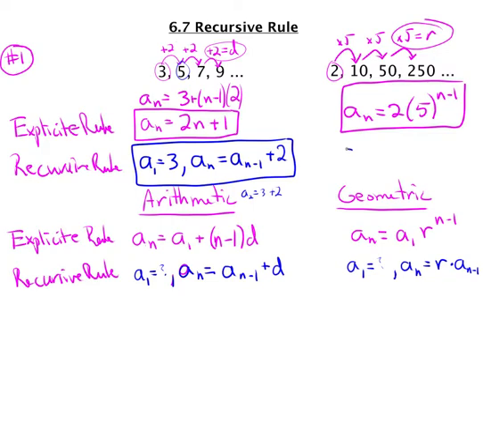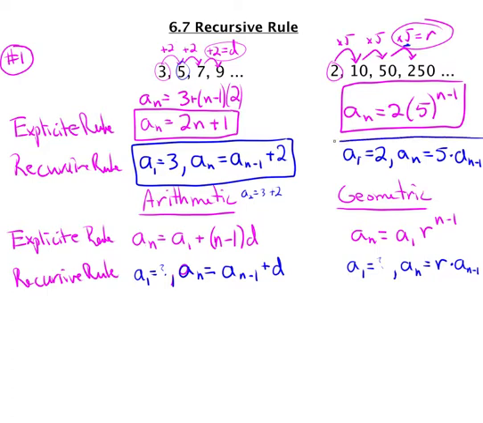So to write our recursive rule for our geometric sequence up here, a sub 1 equals 2, and then a sub n equals, now our ratio is 5, times a sub n minus 1.